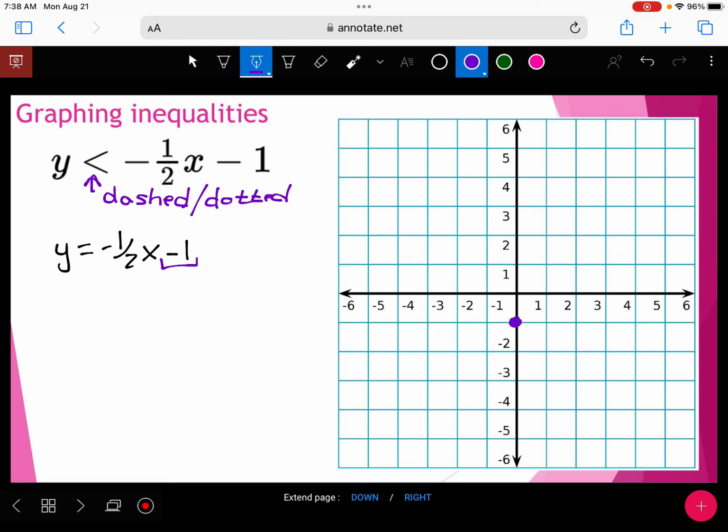That guy. How are we going to move? If we're going the slope of negative 1/2, rise over run, so instead of going up, we're going to go down 1, still right 2.